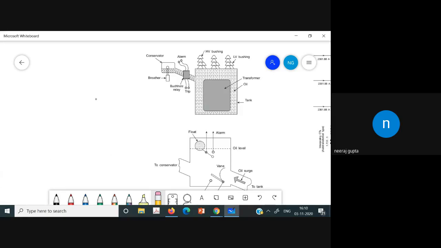And this relay is actually used for incipient faults. So what are incipient faults?